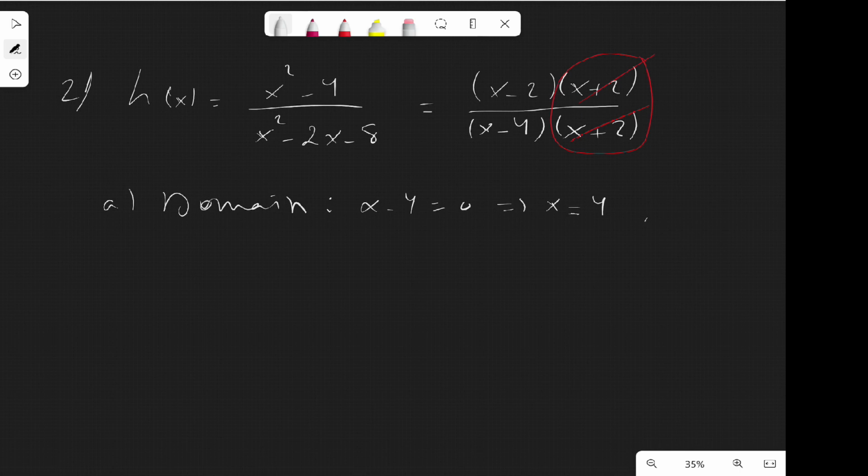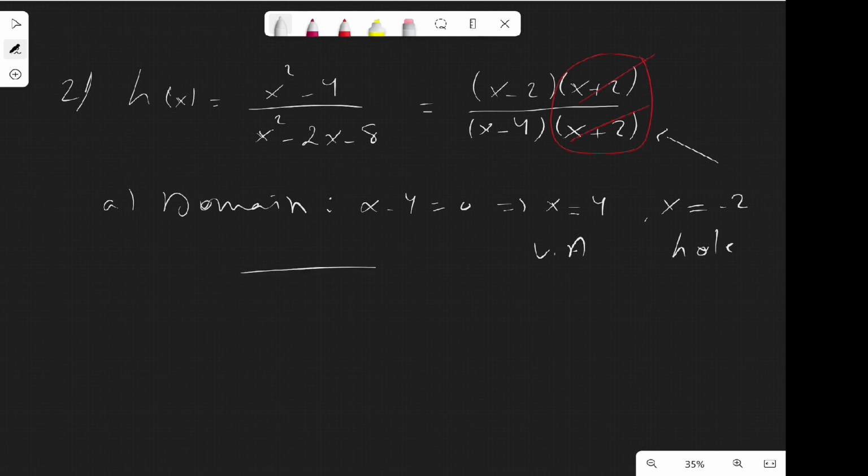Knowing that, also x shouldn't be -2. X equal 4 is what we call vertical asymptote. X equal -2, what we call hole. So the graph at x equal -2 has a hole, and the graph at x equal 4 has a vertical asymptote.